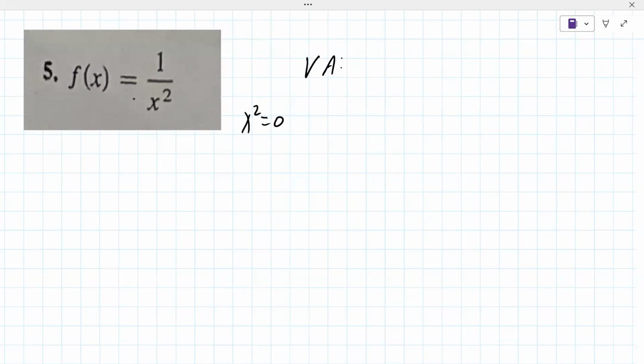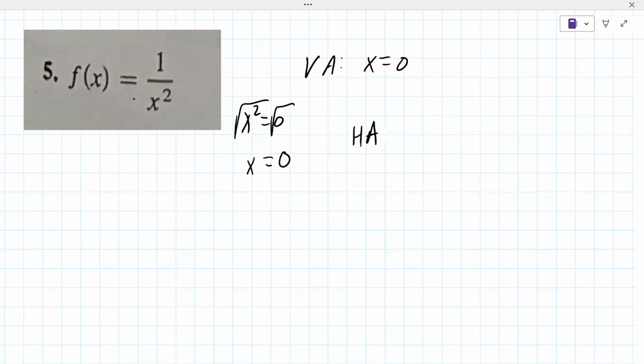Nope. You're just taking the square root of both sides. What's the square root of 0? 0. Okay, so that's the vertical asymptote.